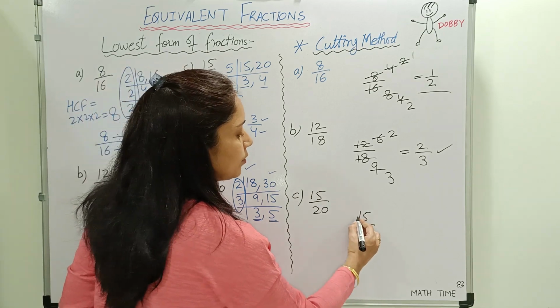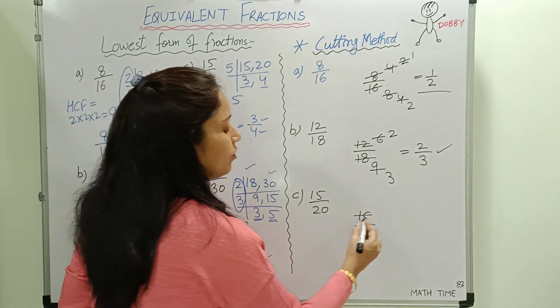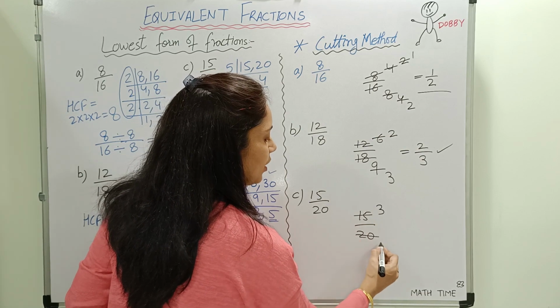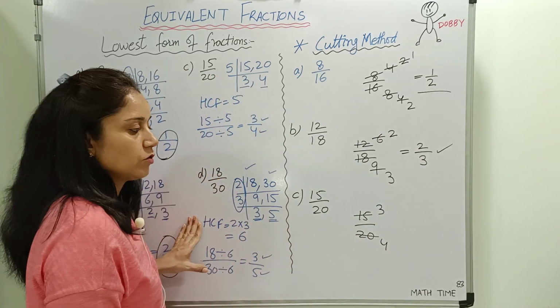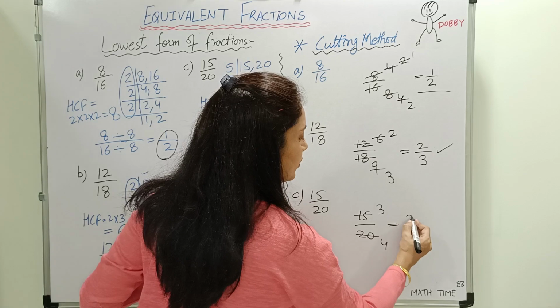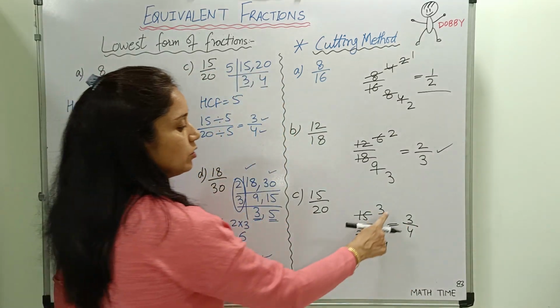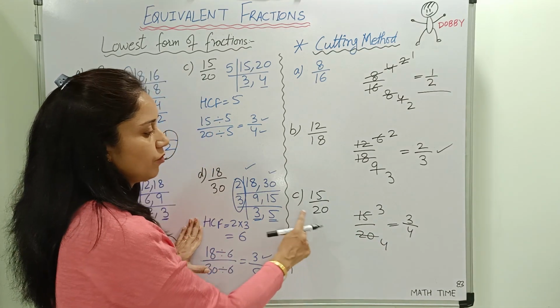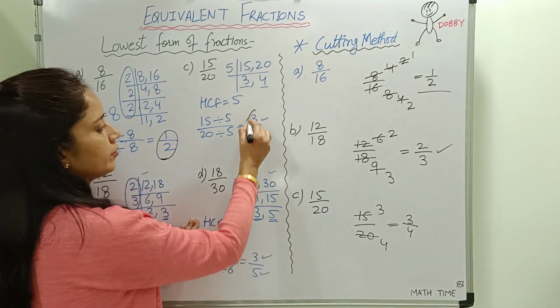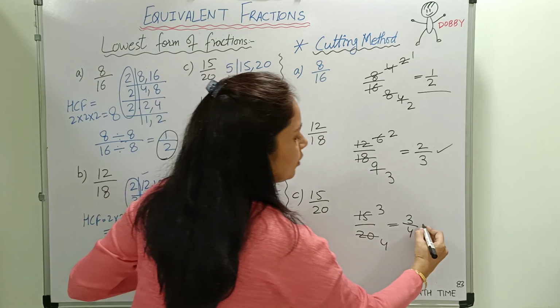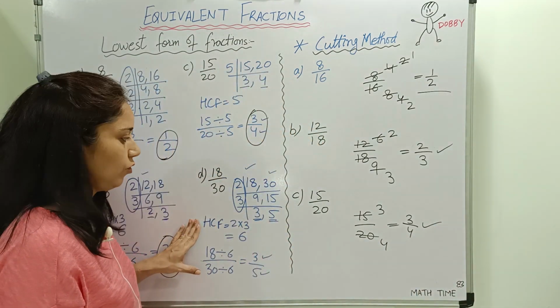Yes, both the numbers are divisible by 5. 5 3s are 15, 5 4s are 20. So the lowest term is 3 upon 4 as 3 and 4 cannot be cut further. Tally here, it was 3 upon 4. Here also 3 upon 4.